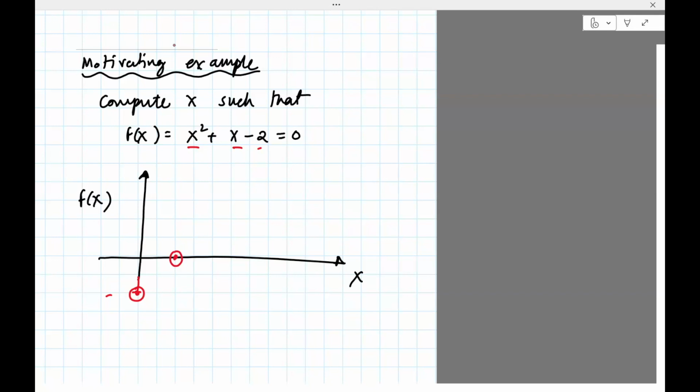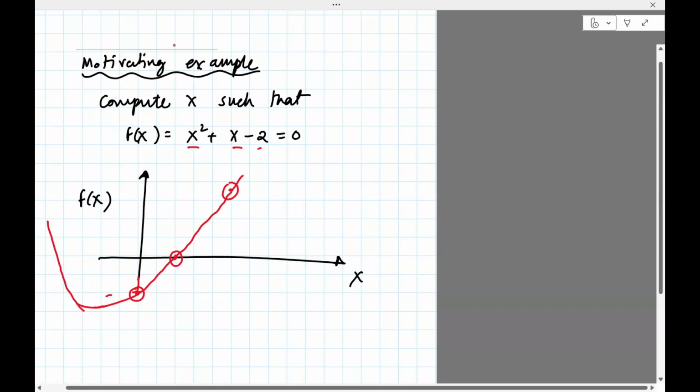Then let's put x equals 2. 2 squared is 4, plus 2 is 6. So it's about here. So it's actually something like this. It would turn back and come this way. So when you make a plot of this function, you realize there are two roots.